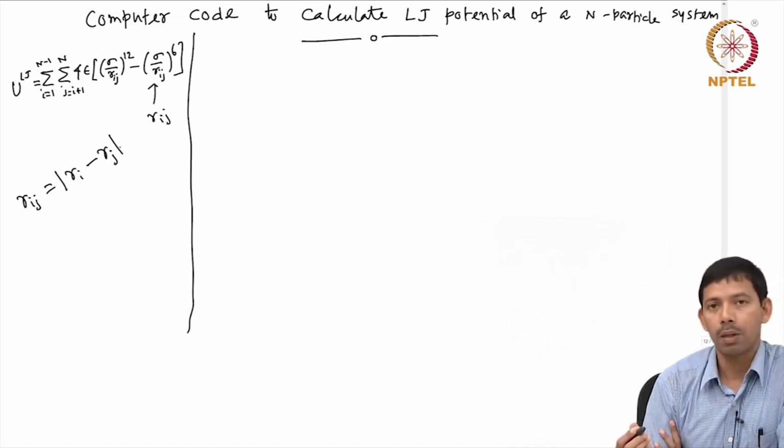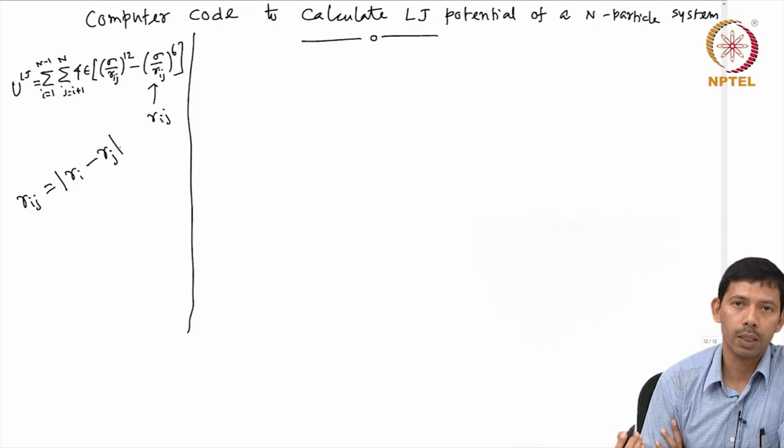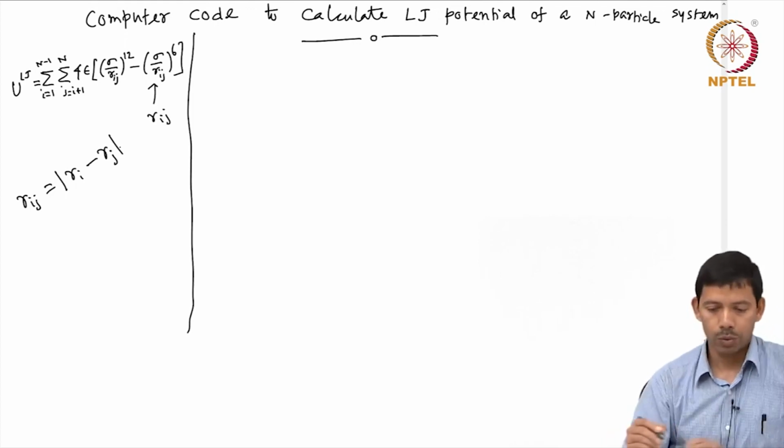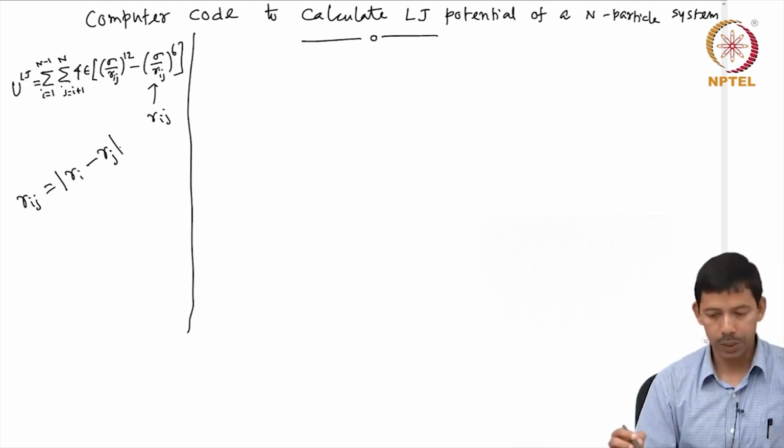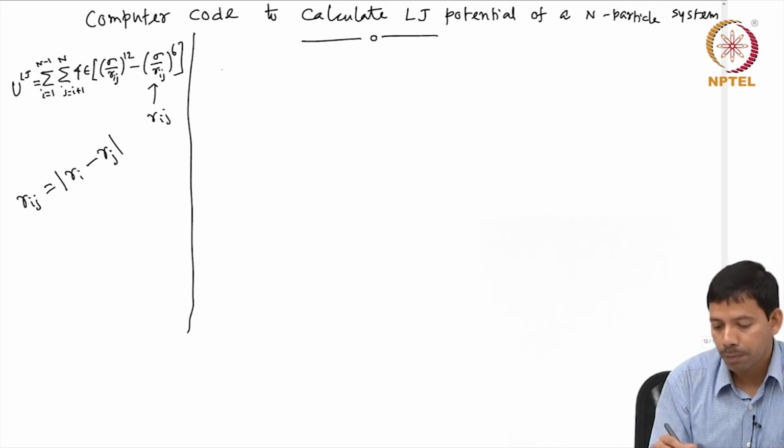Epsilon and sigma are constants which you can read directly. So we'll start by reading epsilon and sigma.